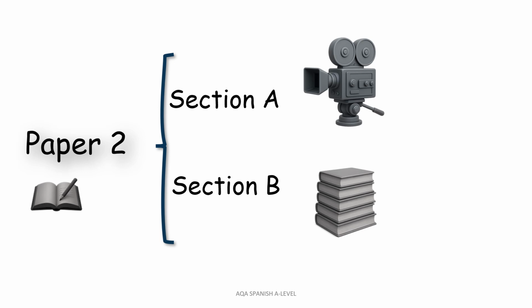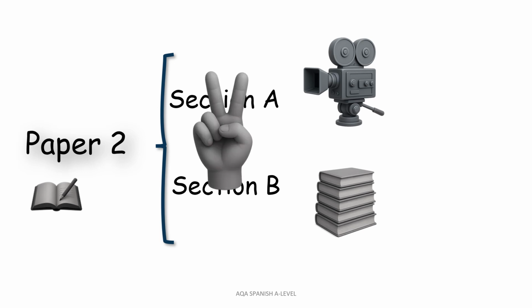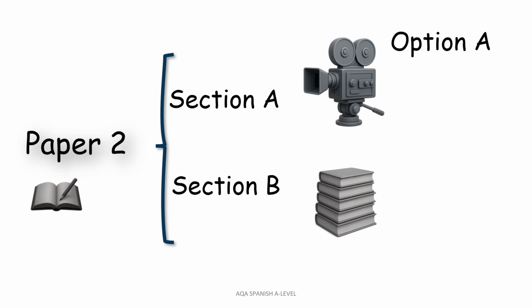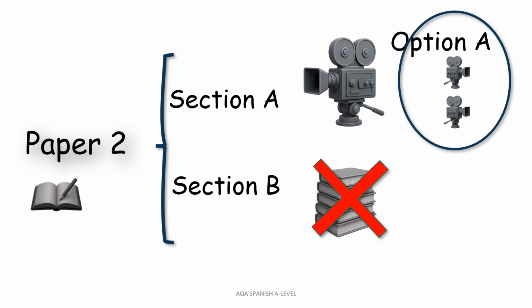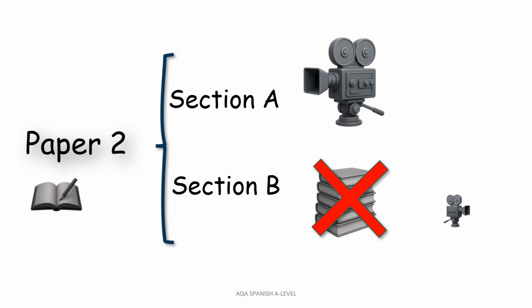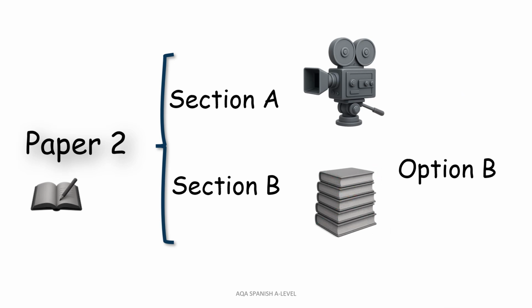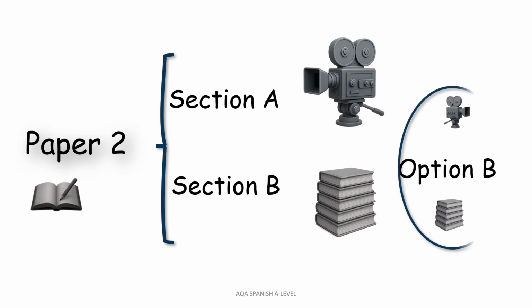When doing this paper, you will have two options here. You can pick option A, and then you will need to choose two different questions about two different movies and no book. Or option B, where you need to choose one question about a book and one question about a movie. Let's see briefly these two sections.